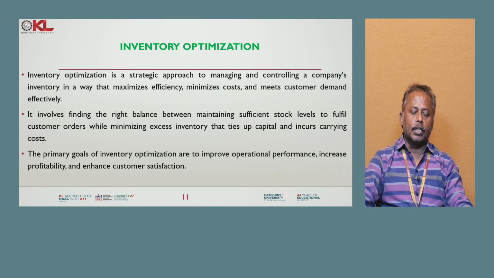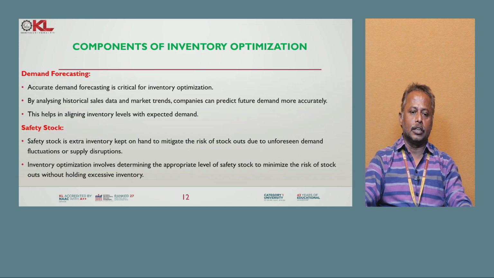So, it involves finding the right balance between maintaining sufficient stock levels to fulfill customer orders while minimizing excessive inventory, which ties up capital and incurs carrying cost. So, the primary goal of inventory optimization is to improve operational performance, increase profitability and enhance customer satisfaction.